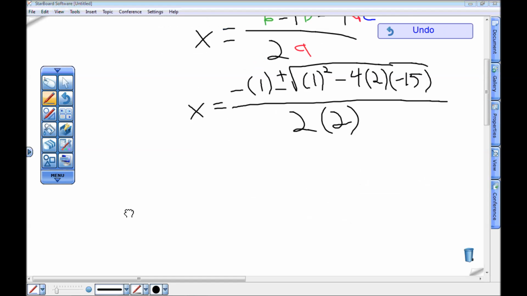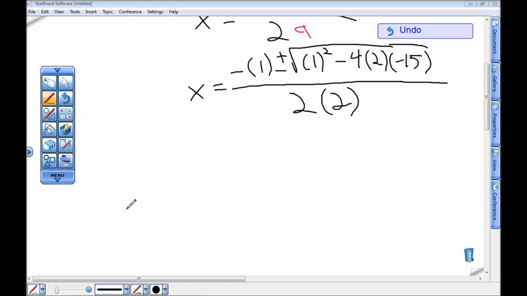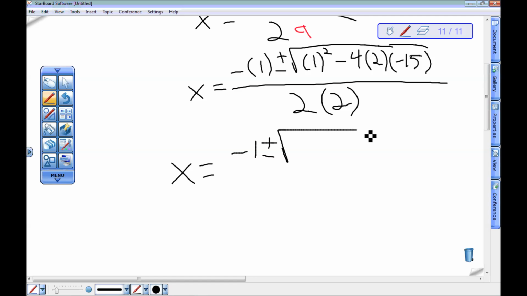Now, I need to slowly and carefully work this through. So first, negative 1, or the opposite of 1, is negative 1. Under here, I've got some grouping, so I'm going to deal with it just as I can. So 1 squared is 1. 4 times 2 times negative 15 is 8 times negative 15.